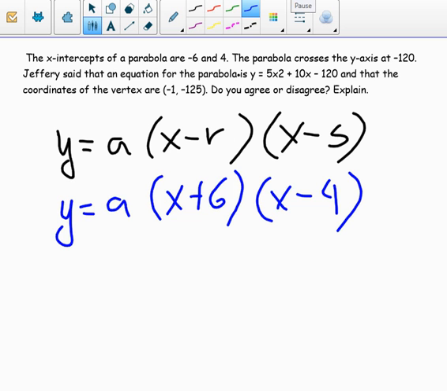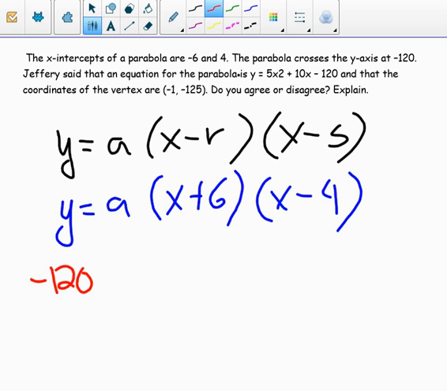Times (x minus 4). Now we know the parabola crosses the y-axis at -120, so we know the y. We also know the x point of this, because the y-axis crosses at (0, -120). It can't cross at any other x except 0.